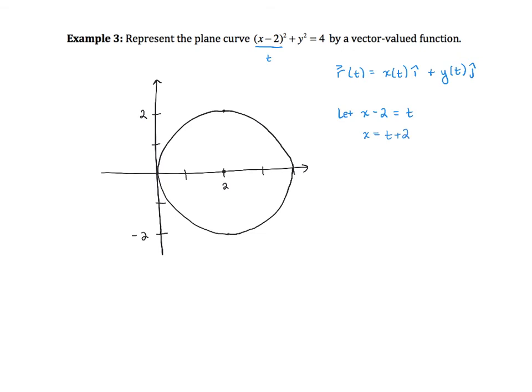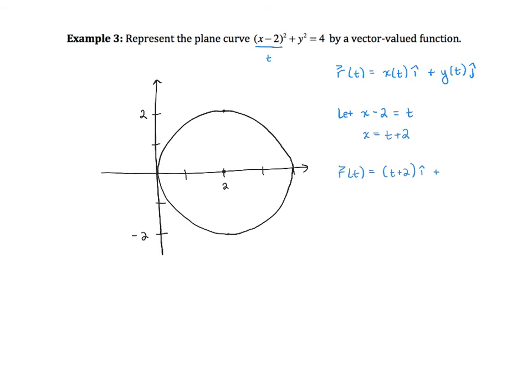So at this point in our work, we have this, t plus 2 i hat, and we still need to figure out what is going to be our vertical component function. All right, so let's see.